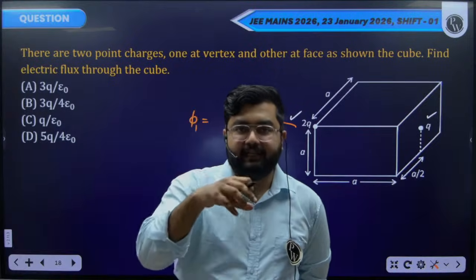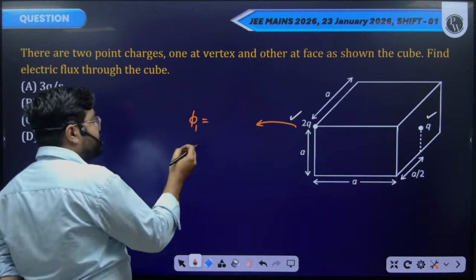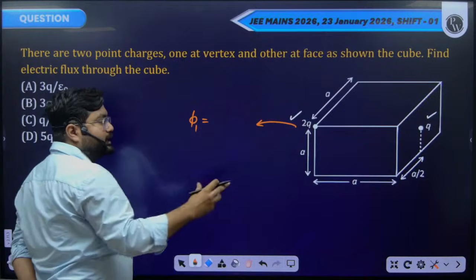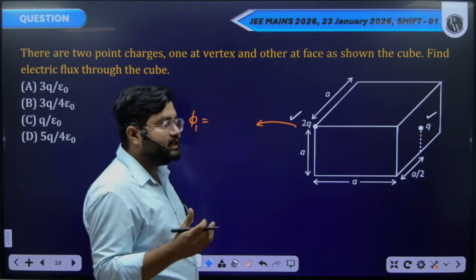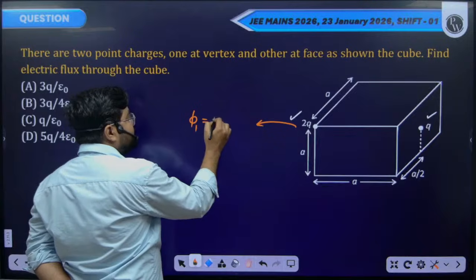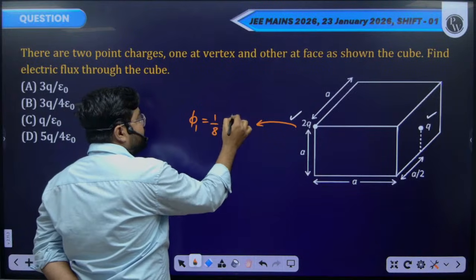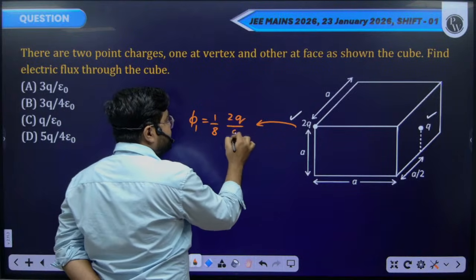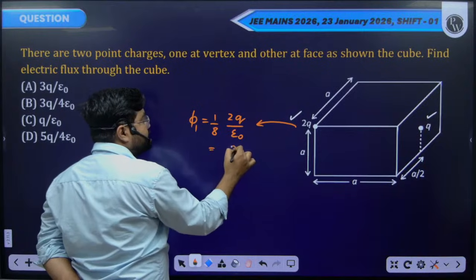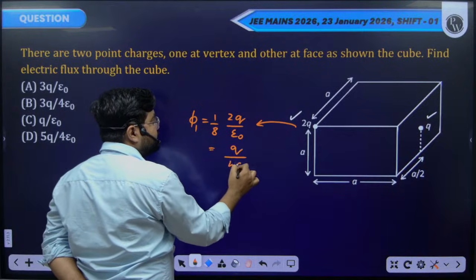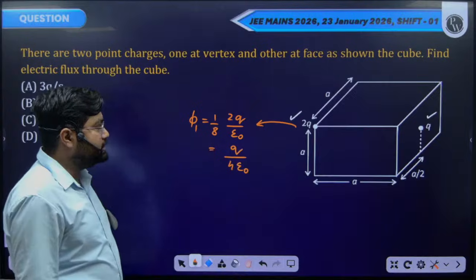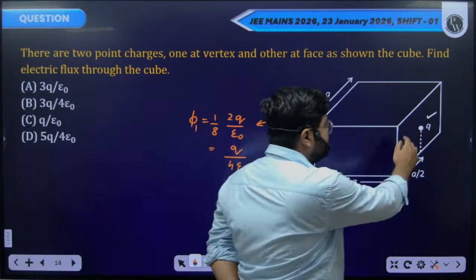If you put 8 cubes and this charge is at the center, then through each cube the flux shared is 1/8 times. So it will be 1/8 of the charge by epsilon naught.